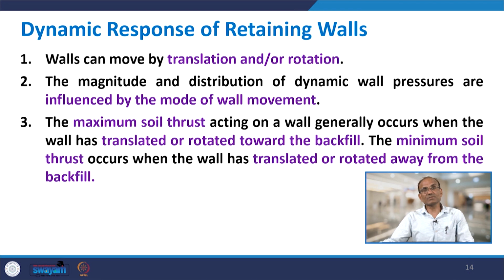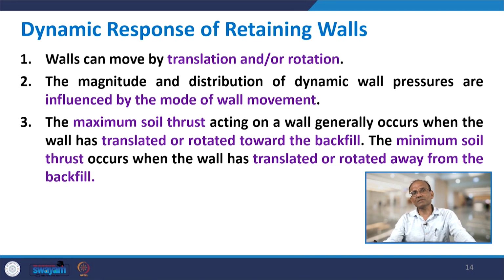The magnitude and distribution of dynamic wall pressures are influenced by the mode of wall movement, whether the wall is moving in the translation mode or rotation mode. The maximum soil thrust acting on a wall generally occurs when the wall has translated or rotated toward the backfill.